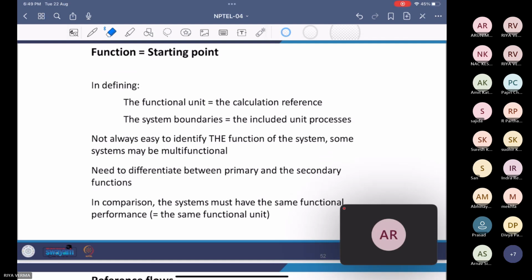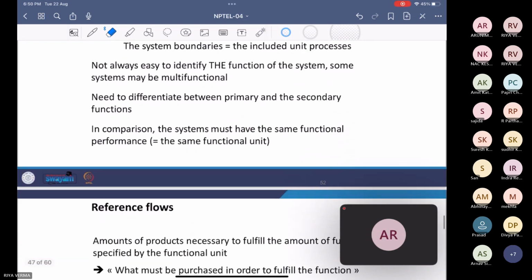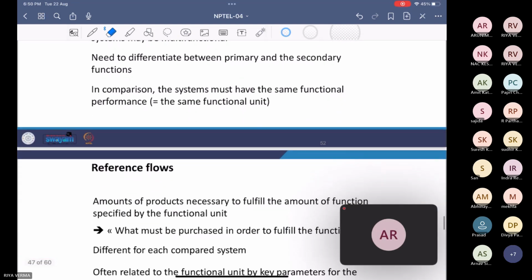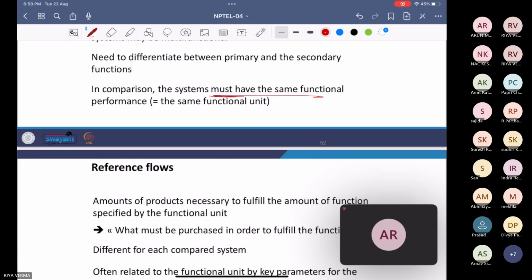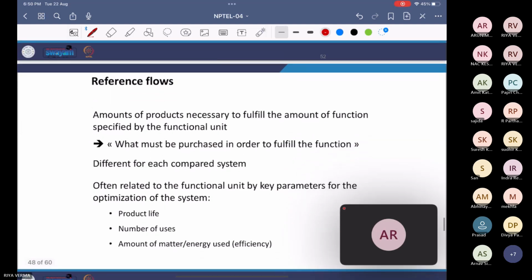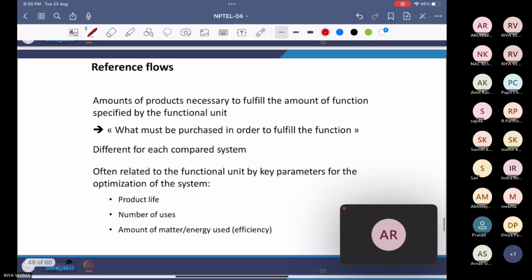In comparison, systems must have the same functional performance and the same functional unit. Now, the reference flows. So, what are the reference flows? The reference flows are the amount of products necessary to fulfill the amount of function specified by the functional unit.